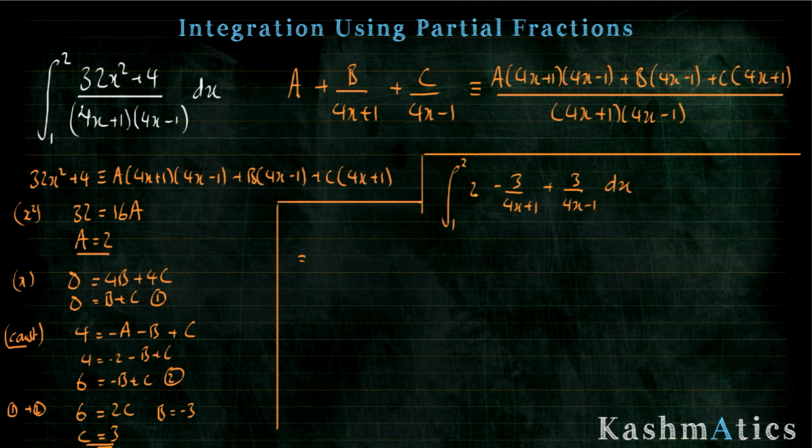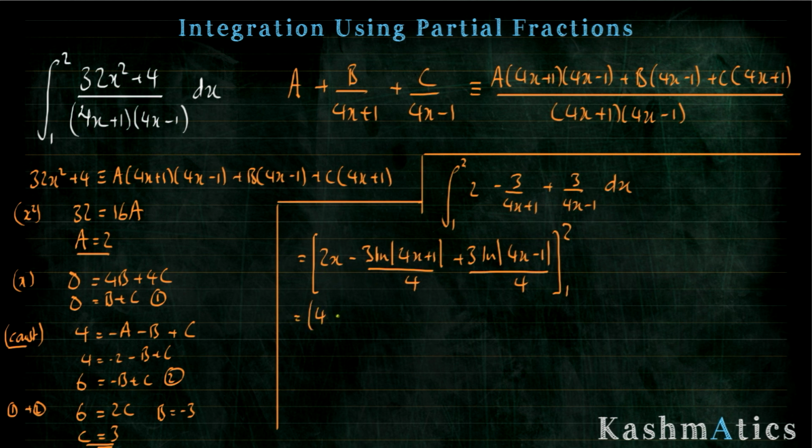Let's go ahead and integrate all of that. So 2 becomes 2x, take away 3 ln of 4x plus 1 over 4, plus 3 ln 4x minus 1 over 4, and that is between 2 and 1. So let's plug the numbers in. That equals 2x, so that would be 4, take away 3/4 ln 9, because if x was 2, 4x plus 1 becomes 9.